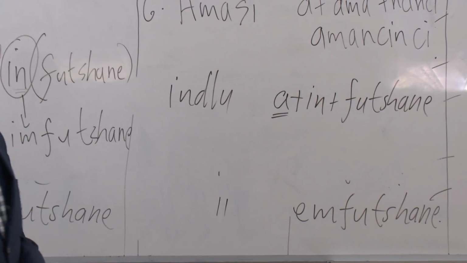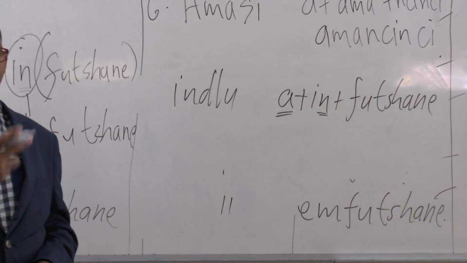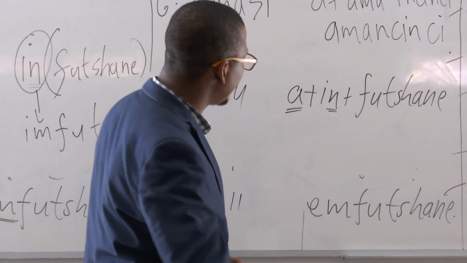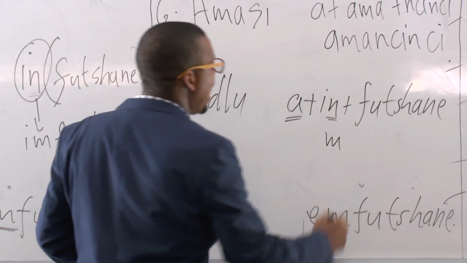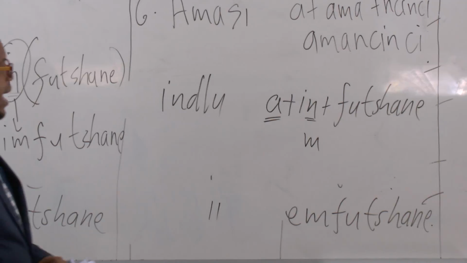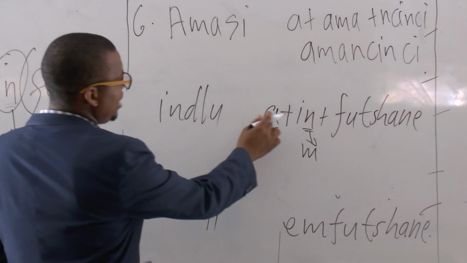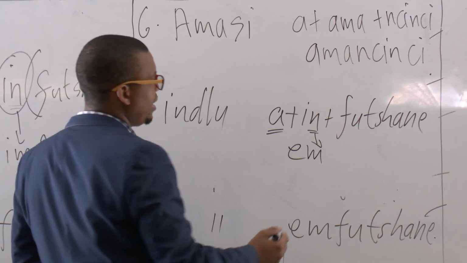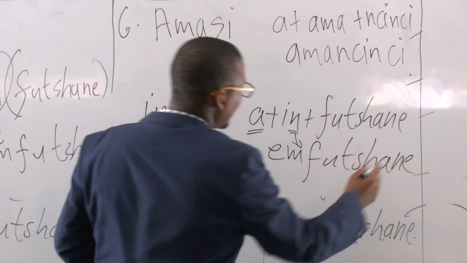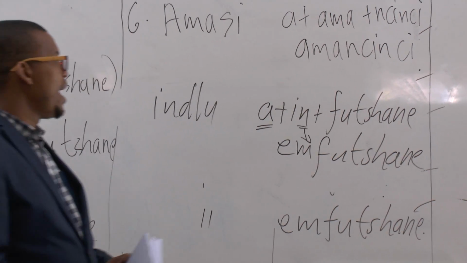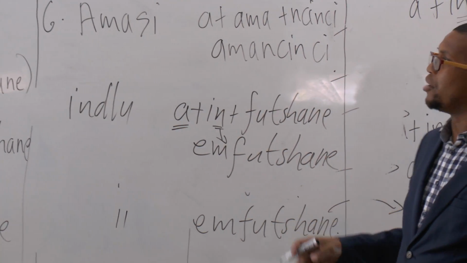Alright, then when N as a nasal comes in front of F, the N becomes M. It changes to M. Then A plus I gives us E, and then the rest will remain the same. And then you get indlu emfuphi. That is a short house.